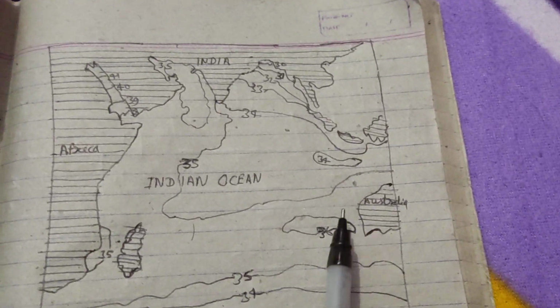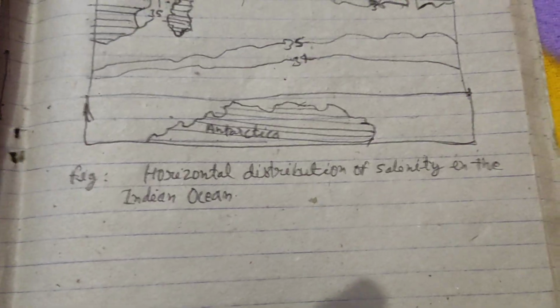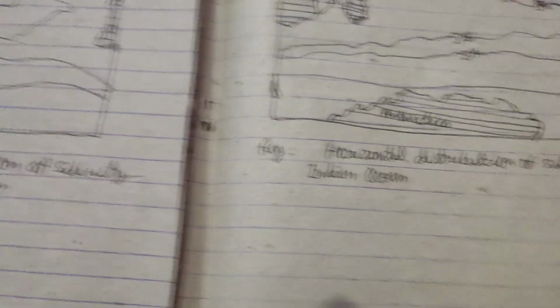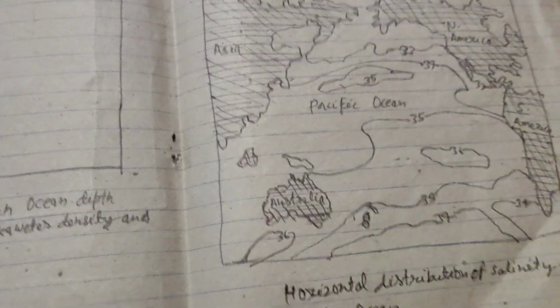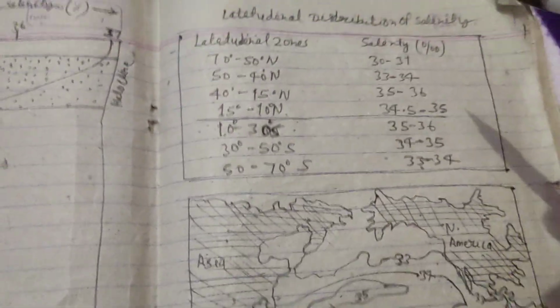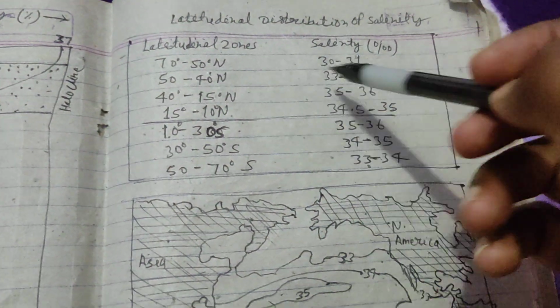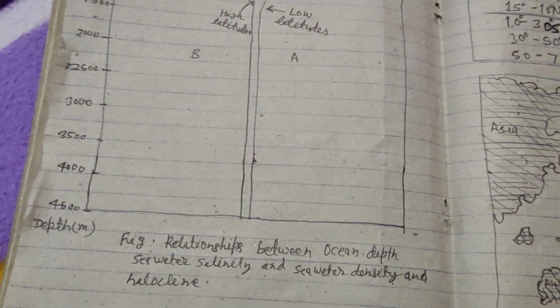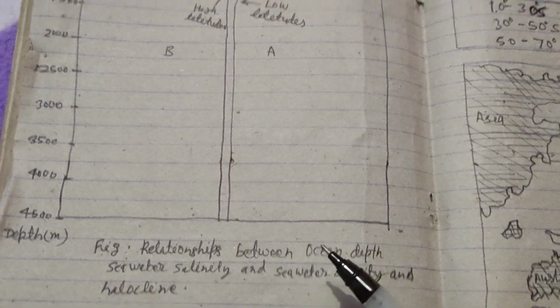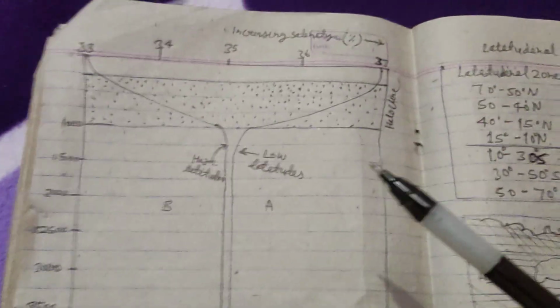This is the horizontal distribution of salinity in the Indian Ocean, Atlantic Ocean, and Pacific Ocean. You can see here this is the latitudinal distribution of salinity, and this is the relationship between ocean depth, seawater salinity, seawater density, and the halocline.